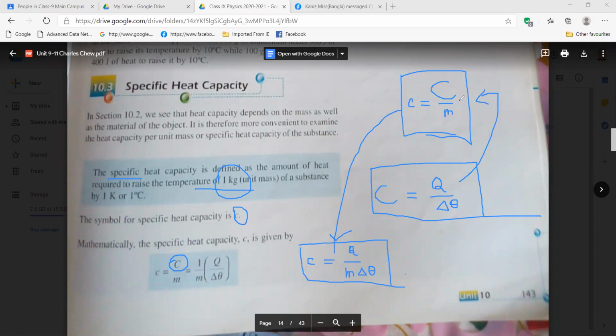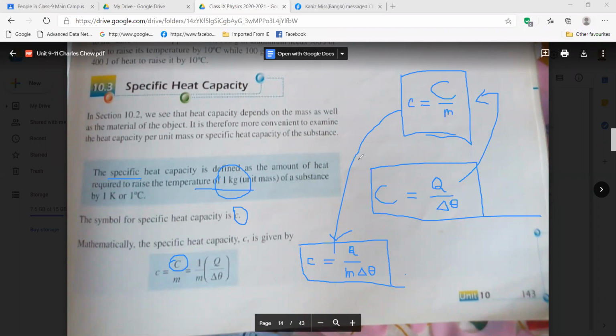Till here you understood? Yes, sir. Next part, we are just replacing this one here. If you want to see the steps, I will show you. Should I show you the steps? Yes, sir.